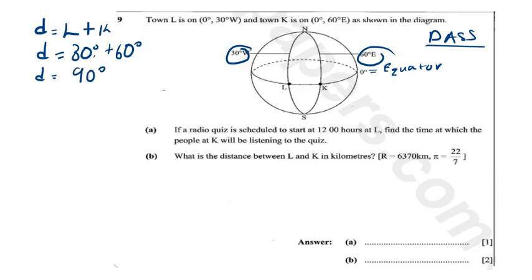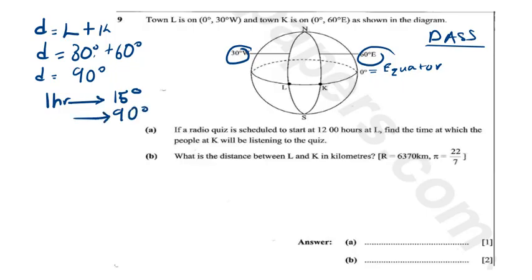If we have found the difference in longitude, you have to find the difference in hours, because only that difference in hours will help us to find the time. You and I agree that 1 hour is equal to 15 degrees, and if we have the difference of 90 degrees, how many hours can we have?